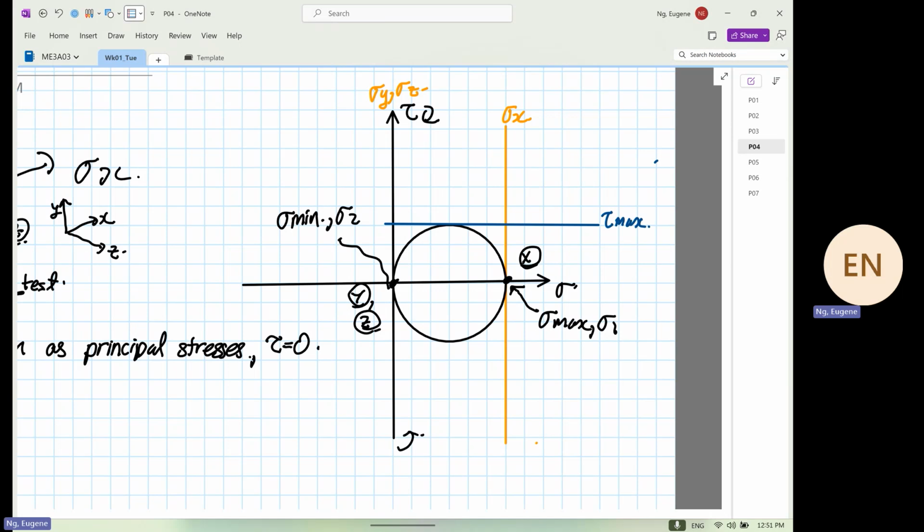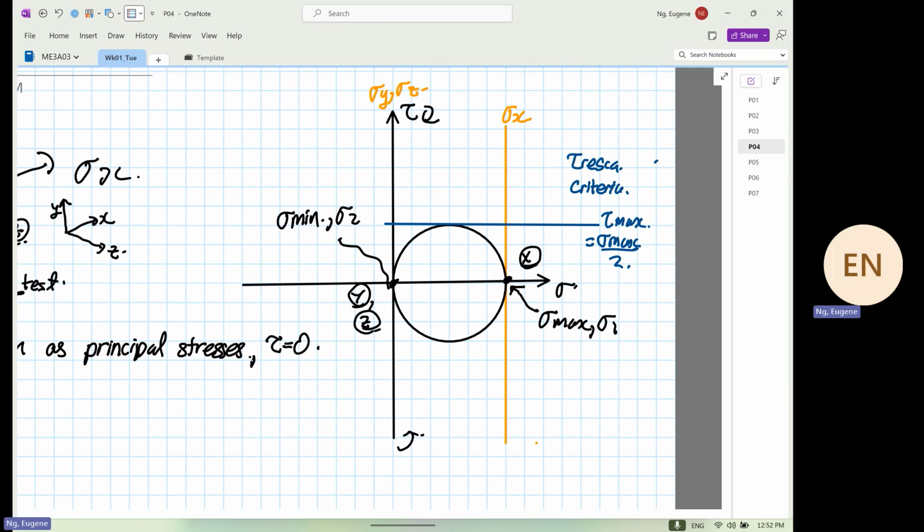Can anyone give me the formula for tau max by looking at the circle? Anyone? Yes. Yeah. Stress max divided by what? 2. Yes or no? So this is what we call the Tresca criterion. By just looking at the circle.